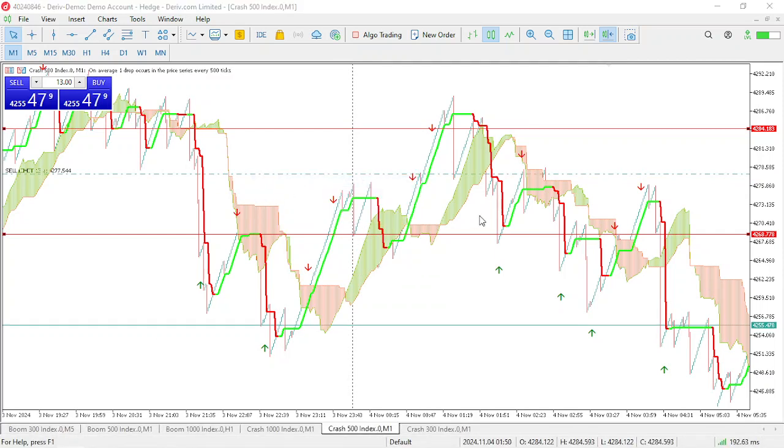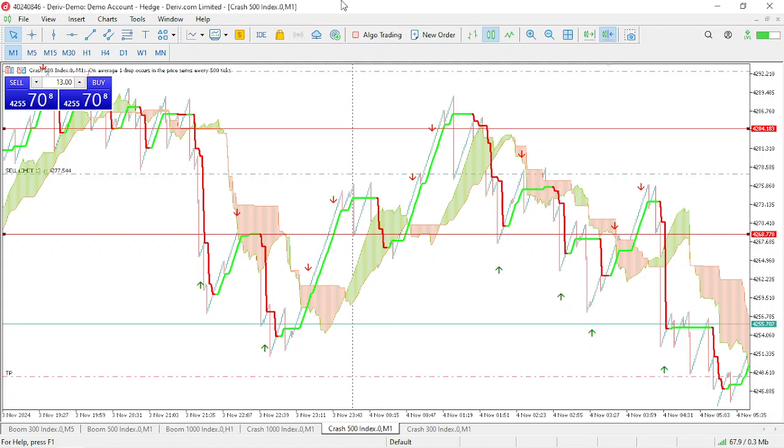Another trick, just to make it easy, I'll just choose any value, like 4248, as my take profit, and SL 4292. Now that's just random values, right?